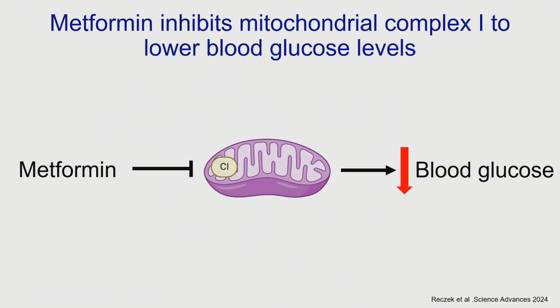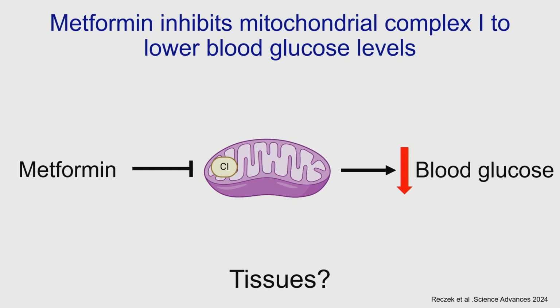And what this really tells us is something very simple, that metformin, we think, can hit mitochondrial complex 1 to lower blood glucose levels. Because we used beta-actin Cre, it doesn't tell us where, right? It could be in any one of these tissues. The liver, if you're liver-centric, the gut, if you're gut-centric, or the kidney, the 3 major places it goes, or maybe the immune cells as well, right?